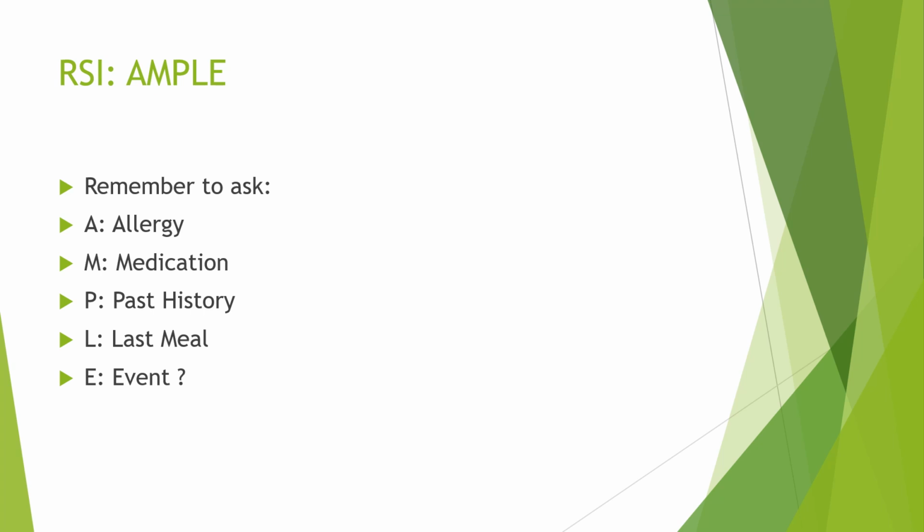L means last meal: when did the patient last eat? And E means event: what caused the patient to be here, and why should he be intubated? That's what we should remember to ask: AMPLE, allergy, medication, past history, last meal, and event.